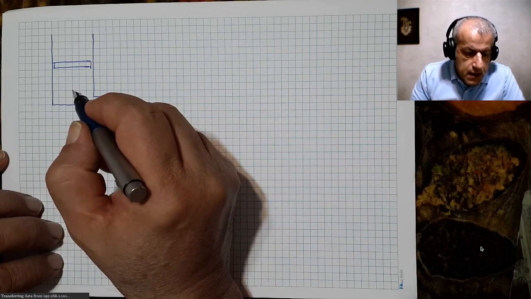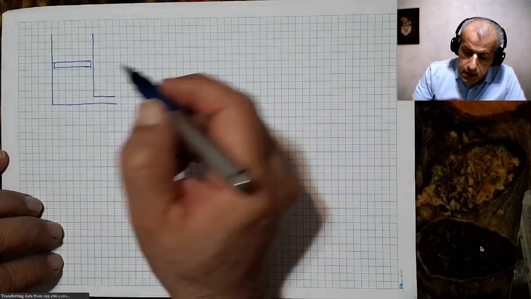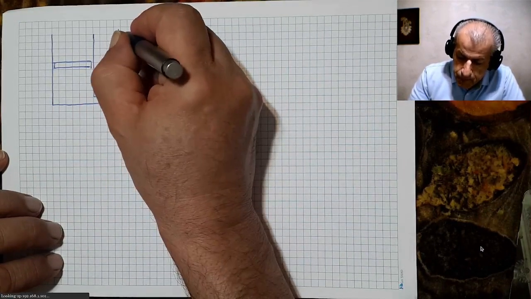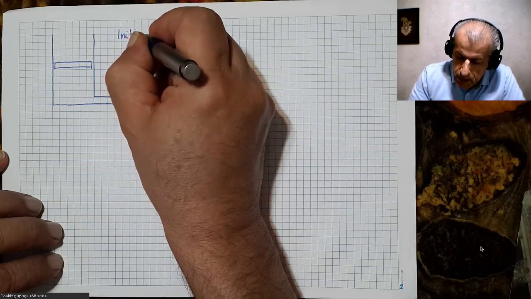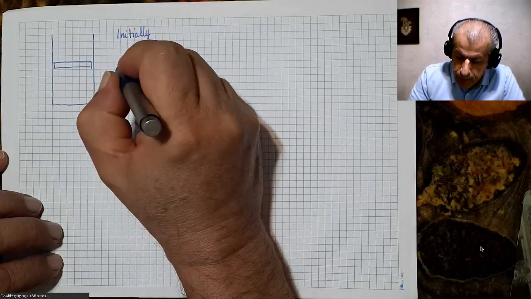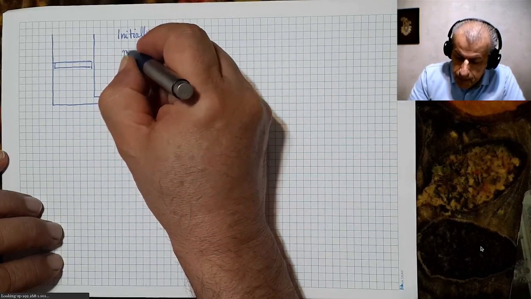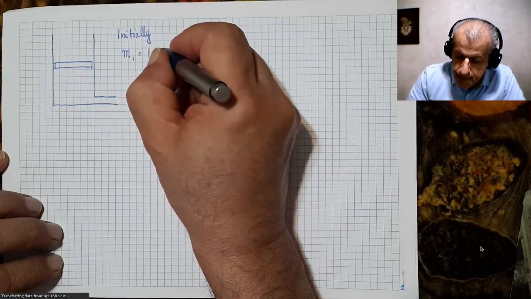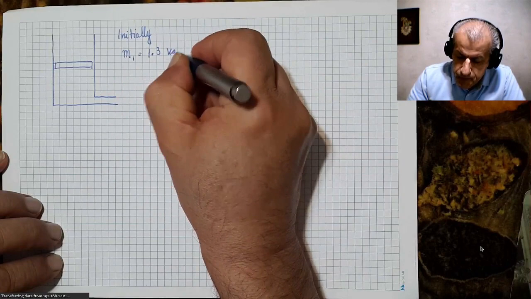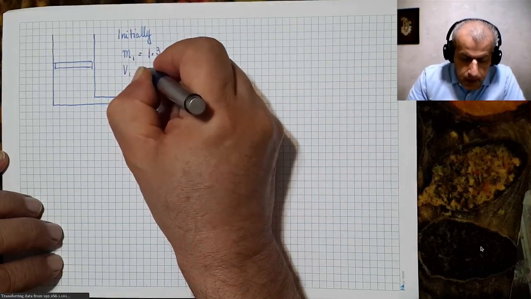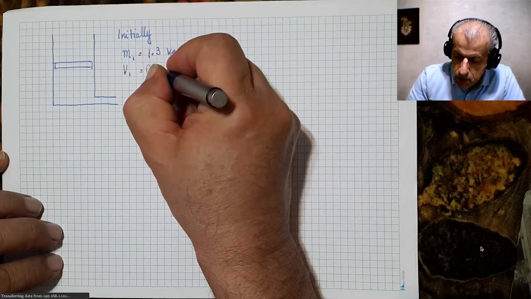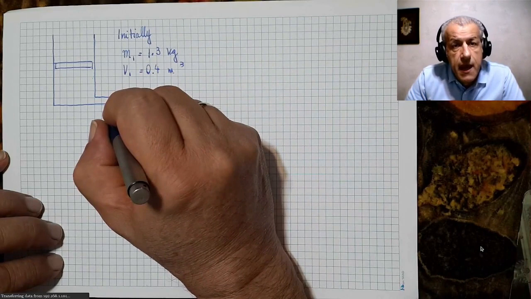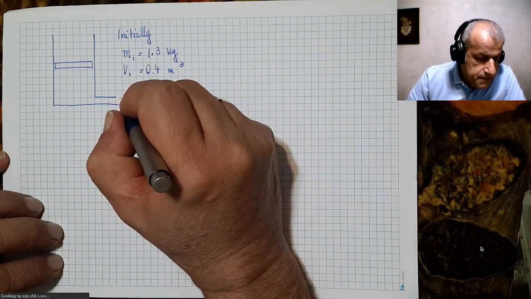Now, the problem tells us that initially m1 equals 1.3 kilograms, V1 equals 0.4 cubic meters, and there is air inside this cylinder.